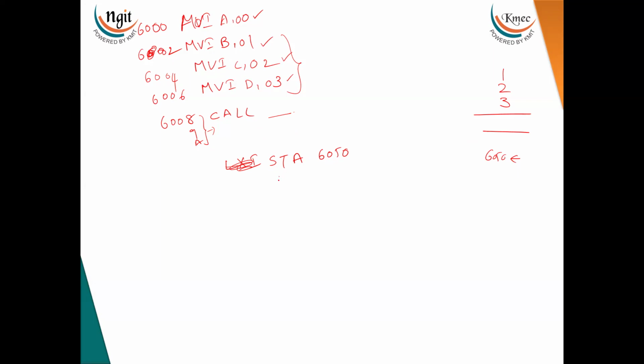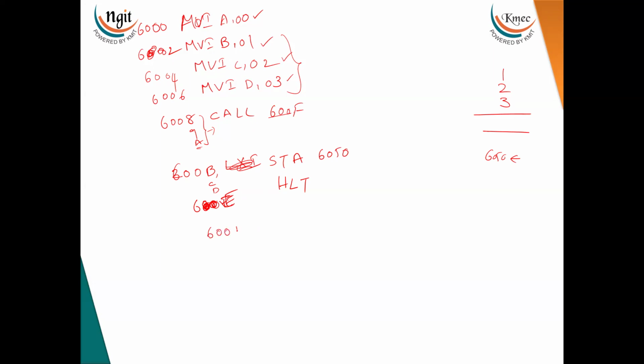So I'm using STA and after that, halt. Now STA is at 600B and it occupies three locations, so B, C, D it is taking. Now halt I am writing at 600E.